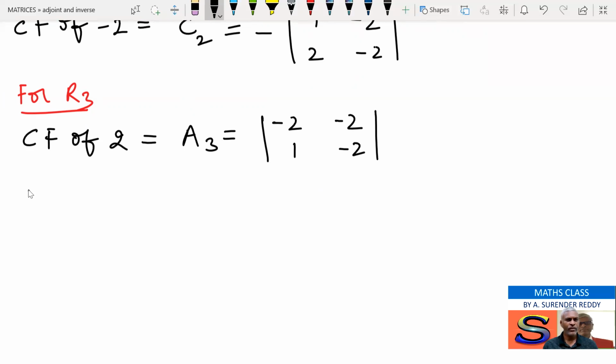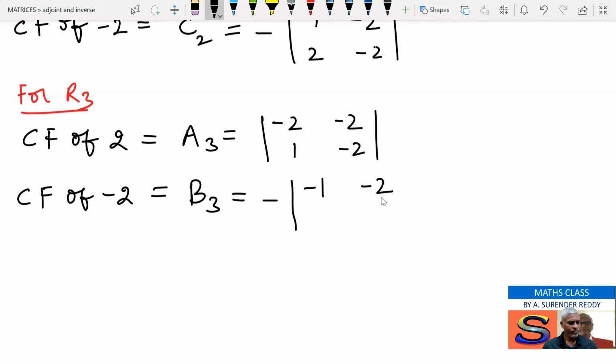Next, cofactor of second element in third row. So name it as B3. For this we need to multiply minus. Eliminating R3 and C2, we get -1 -2 2 -2.